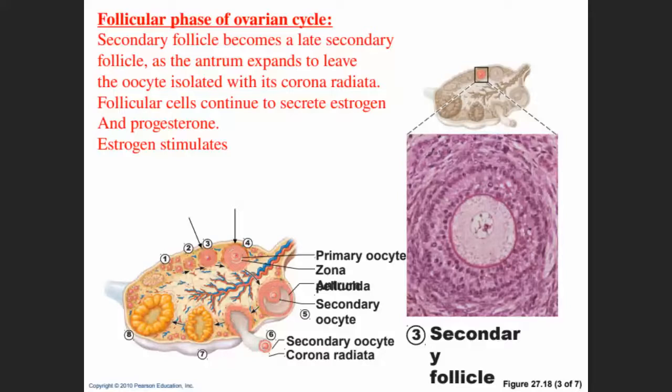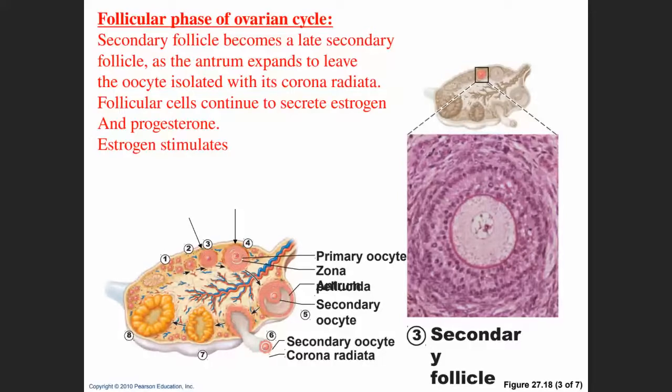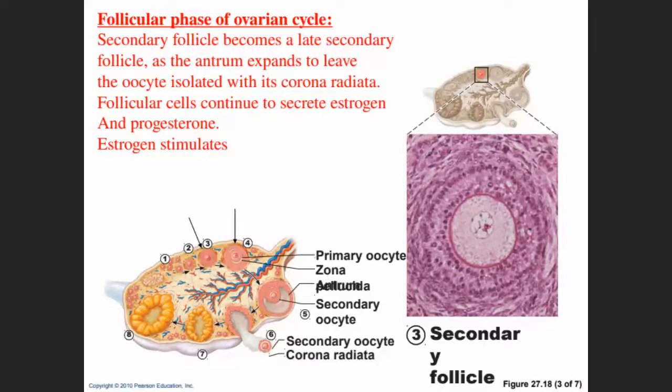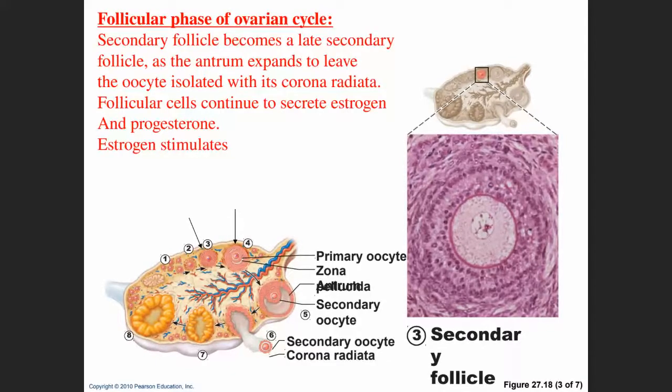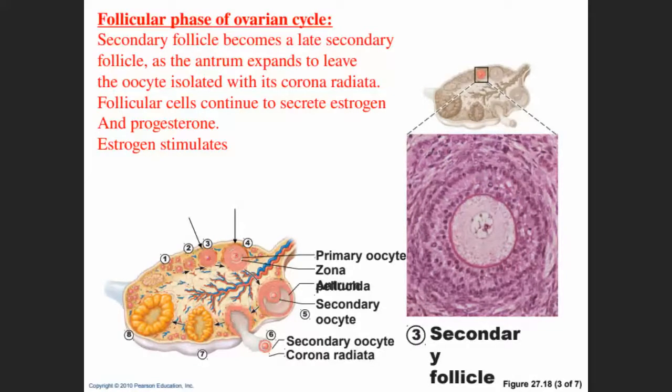The secondary follicle becomes a late secondary follicle as the antrum, the fluid-filled space, begins to appear, isolating the oocyte from the follicular cells that are away from it. The follicular cells continue to secrete estrogen and progesterone, and FSH continues to be secreted also, stimulating follicular maturation.